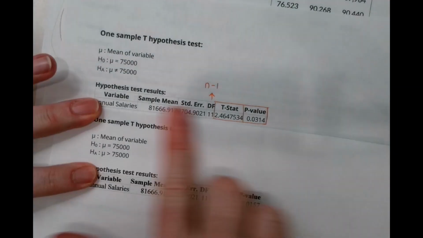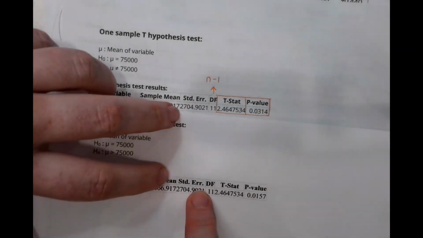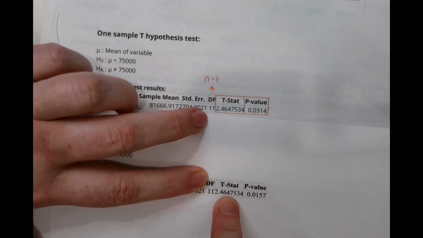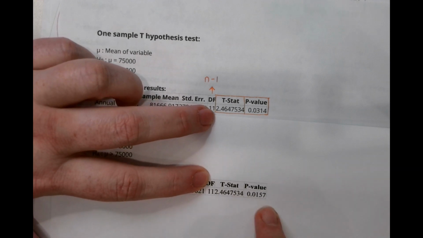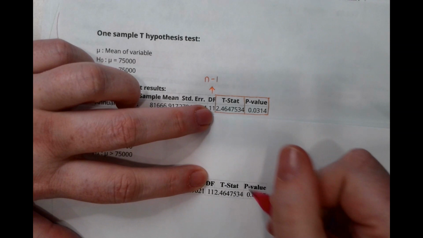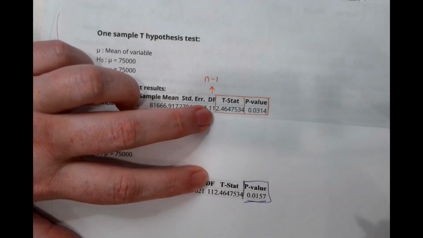There we go. So all of these are the same. Even the test statistic, right? That's the exact same value, but the p-value is different. All the rest of them are the same.